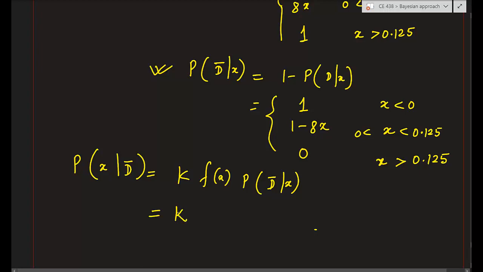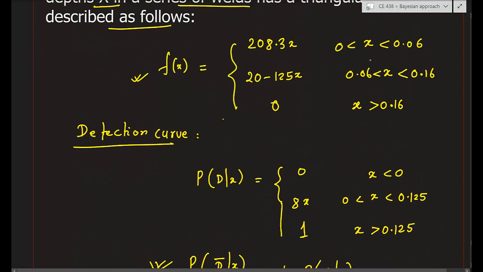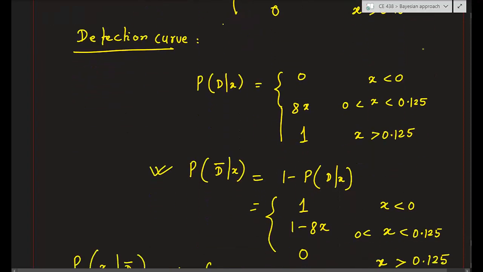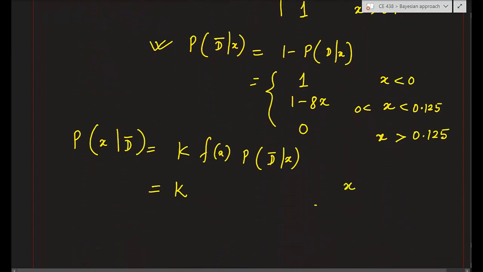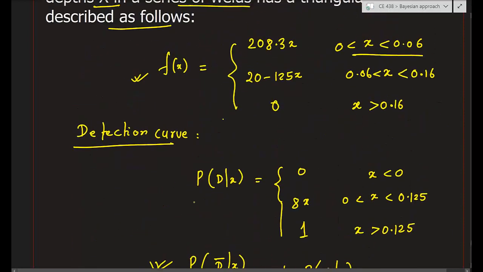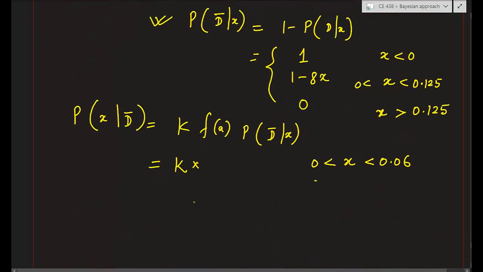Now f(x) we have first as 0 to 0.06, so x lies between 0 to 0.06, and in this case we will have k multiplied by 208.3x times this term, and this term is nothing but 1 minus ax. This will go up to 0.125.